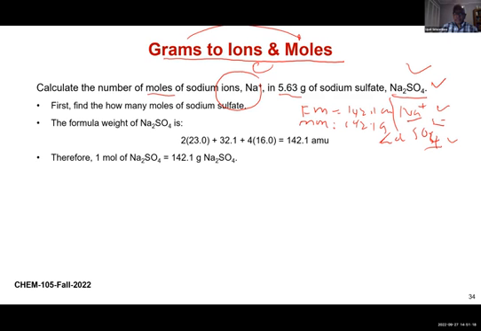Formula mass is in AMU, atomic mass units, as given in the periodic table. So therefore, 1 mole of sodium sulfate is 142.1 grams. This is the same as the molar mass. So how do you get the moles of sodium sulfate?